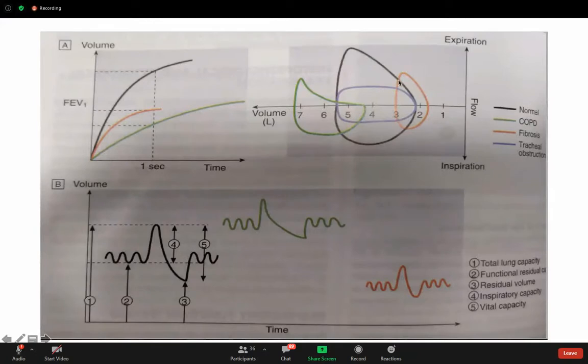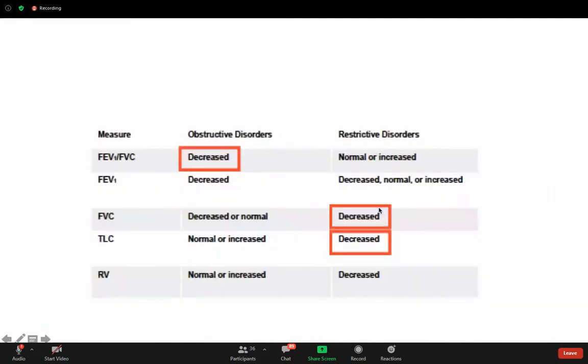You will see the volumes are all shrinking. The fibrosis is like normal, but shrunk and shifted to the right. So that's the breakdown of what happens in obstructive and restrictive lung disease.